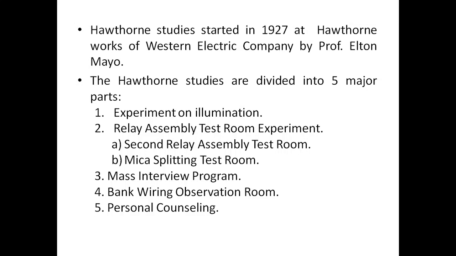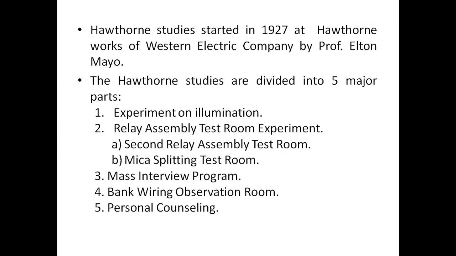The Hawthorne studies are divided into 5 major parts. Each part is an outgrowth of the preceding one. In many respects, each study follows the other logically. The 5 studies are: first, experiment on elimination.